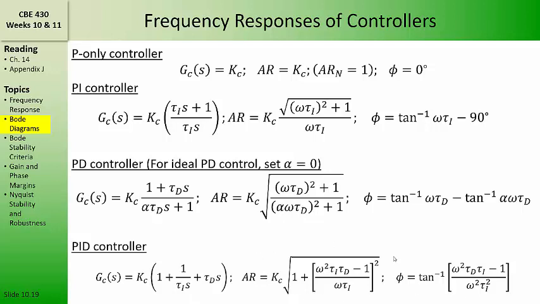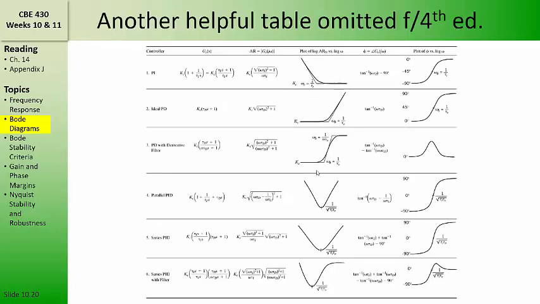Either way, we can find mathematical expressions for the amplitude ratio and phase angle of the PID controller. The third edition of our text also contained a convenient table summarizing the frequency responses of feedback controllers, including the PI, PD, PD with derivative filter, and the parallel and series forms of the PID controller and the PID controller with a derivative filter. This table is also provided here for your reference.